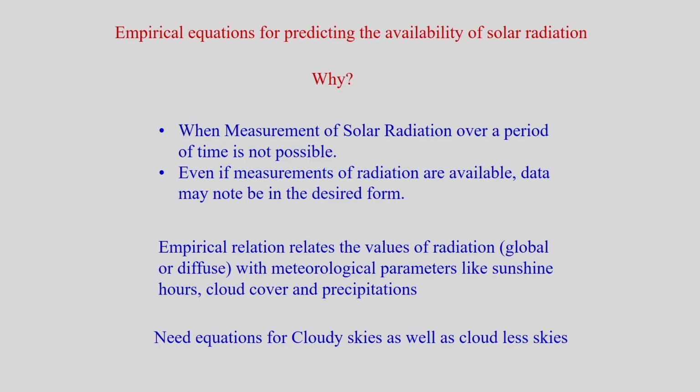So, now before we start the empirical relationships or correlations, we must know why this kind of correlations are very important. The first thing, why we need empirical equations for predicting the availability of solar radiation. So, if we have enough solar radiation data by using some kind of devices, then it is well and good, then we can straightway use those data for calculations.